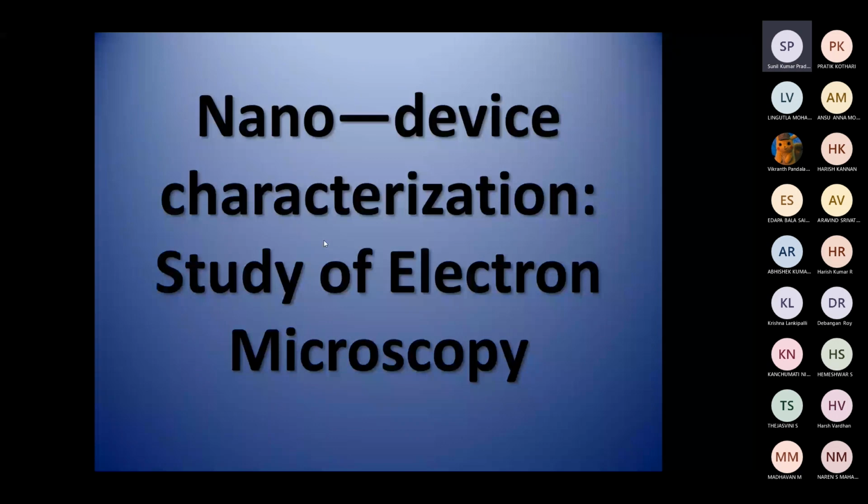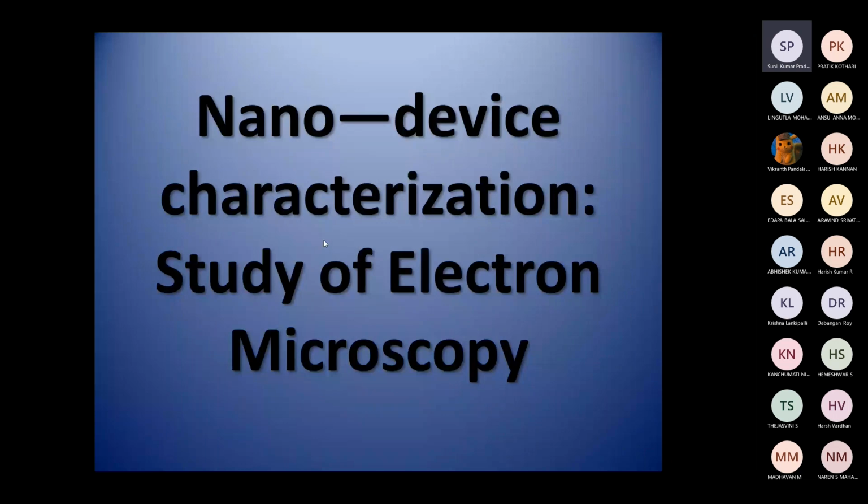So for this, nano device characterization is done, and for that we generally use one important tool, which we call electron microscopy. Electron microscopy is a tool where we are able to characterize any nano devices fabricated by normal fabrication techniques, let's say photolithography or electron beam lithography.